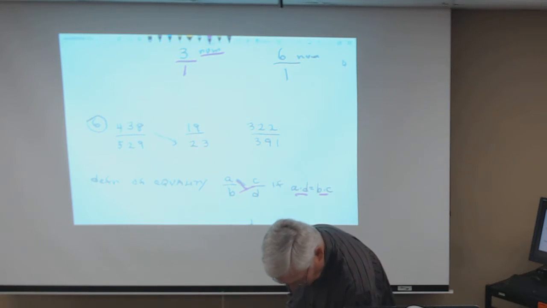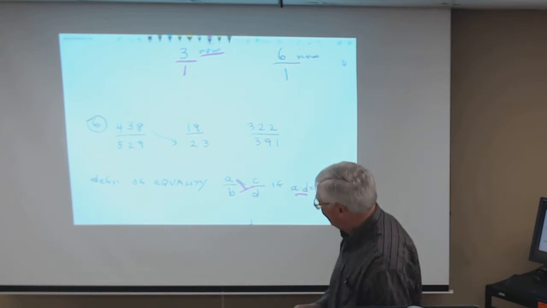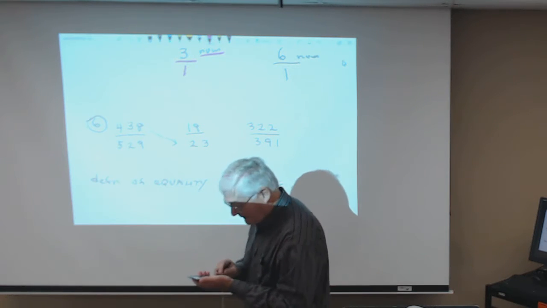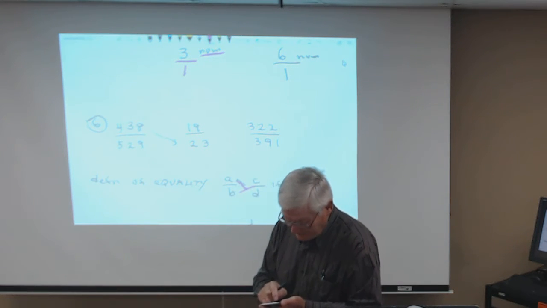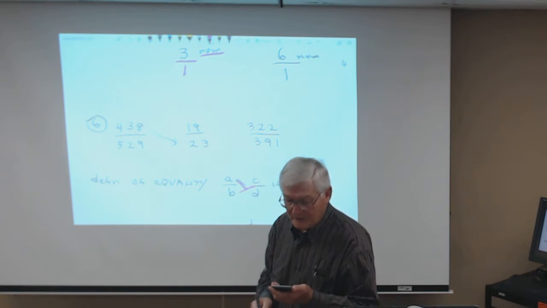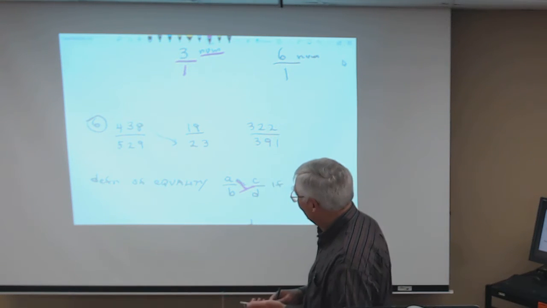So let's just take problem number 6, and what does it say? 438 times 23. So what's 438 times 23? What does that equal? 10074. Can you remember that? Or write it down? 10074.